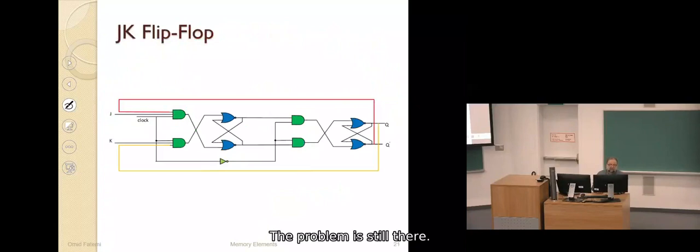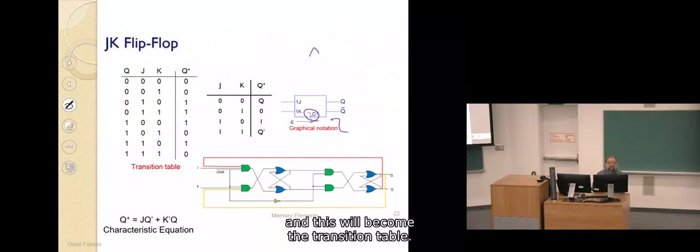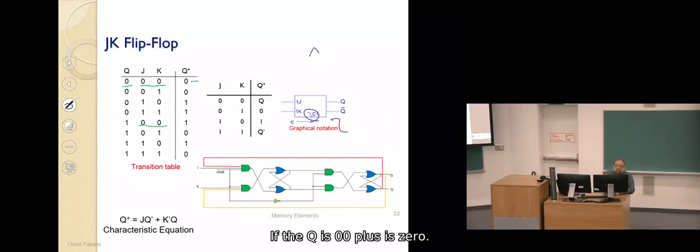So the problem is still there. So we mask them. We mask set with Q bar. We mask reset with Q naught. And this will become the transition table. Again, look at it. When J and K both 0, it means keep the state. So if the Q is 0, Q plus is 0.